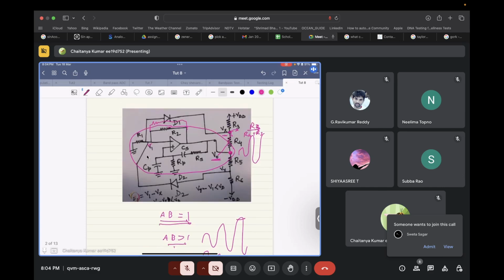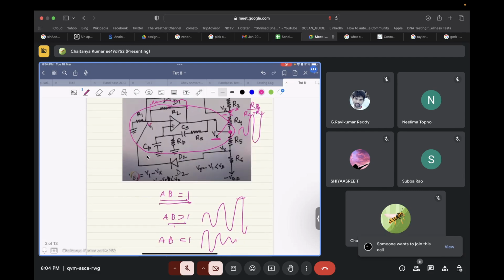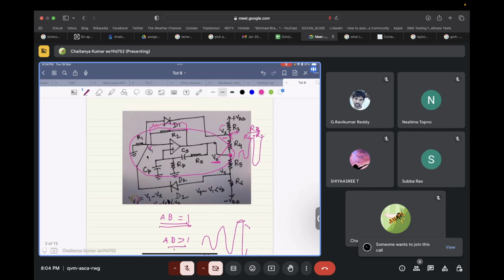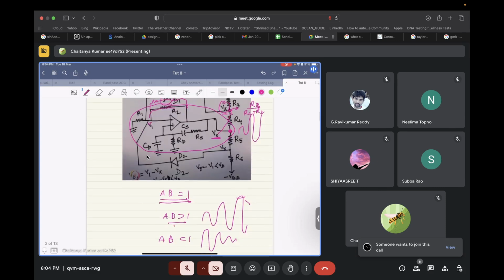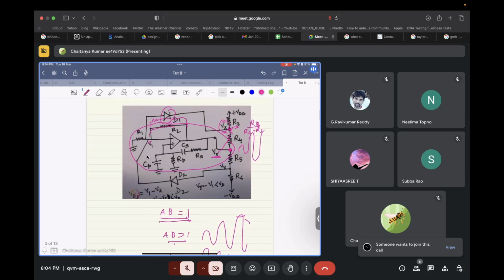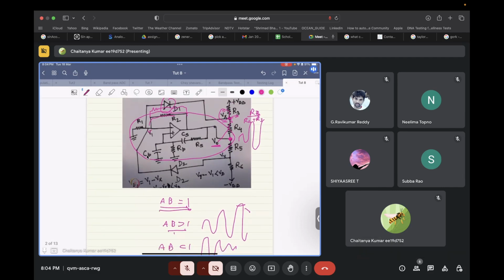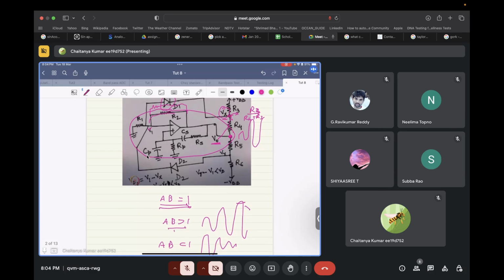After some time Vx will become greater than V1 again, so the diode stops conducting and R2 again has nothing in shunt with it. When nothing is in shunt with R2, our A beta is always greater than 1. So that's how the circuit works.